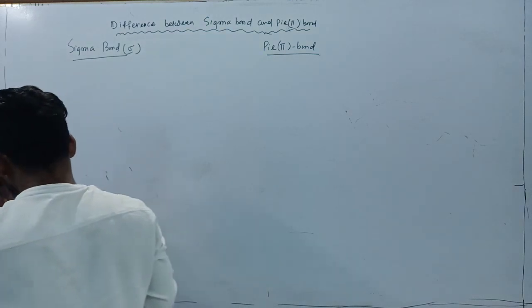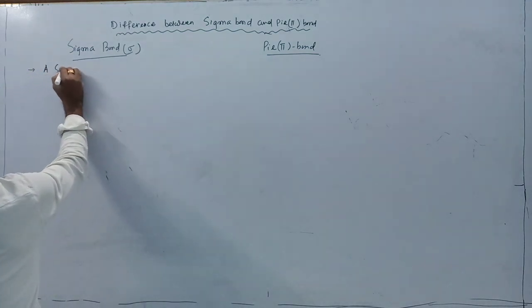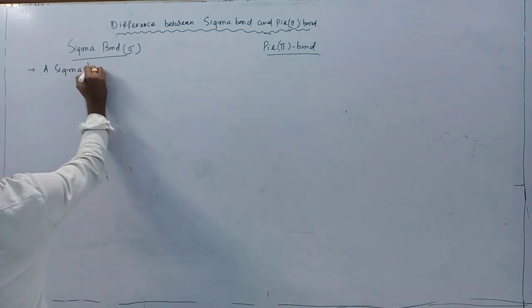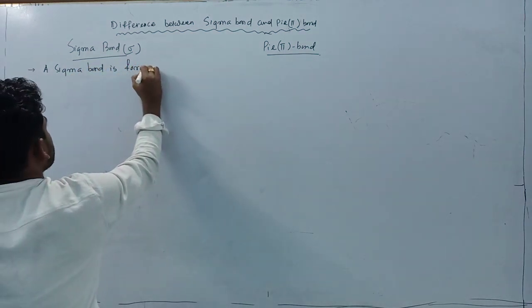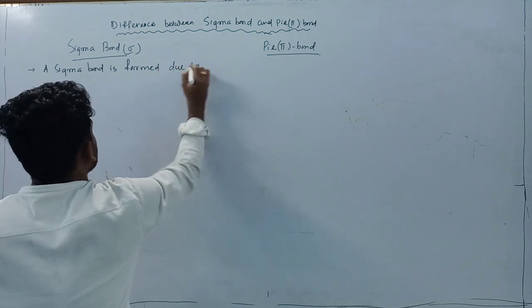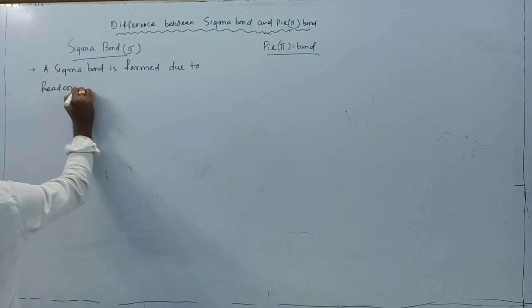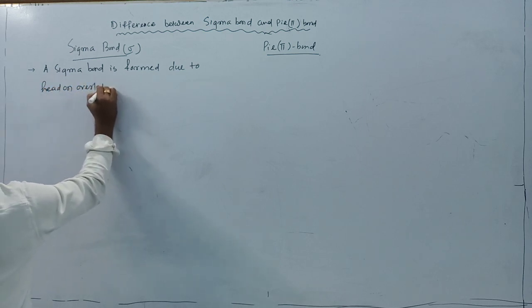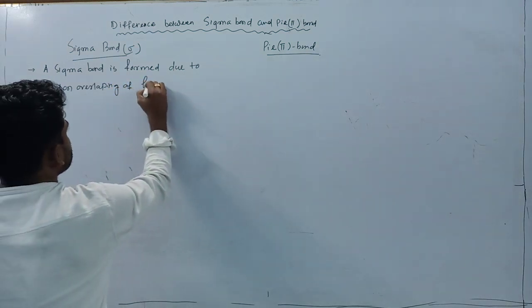Okay, so first point, you can say a sigma bond is formed due to head-on overlapping of half-filled atomic orbitals.